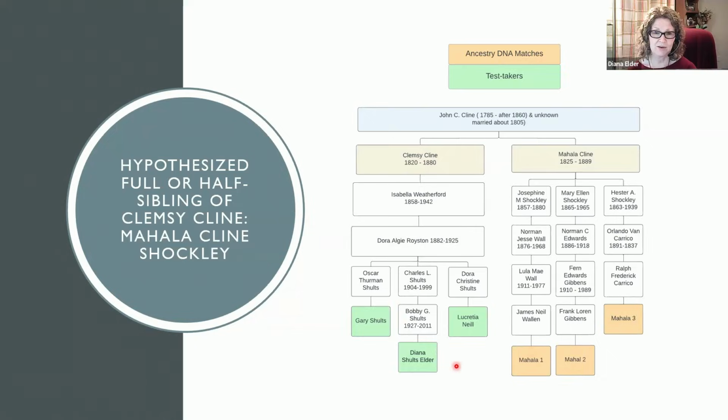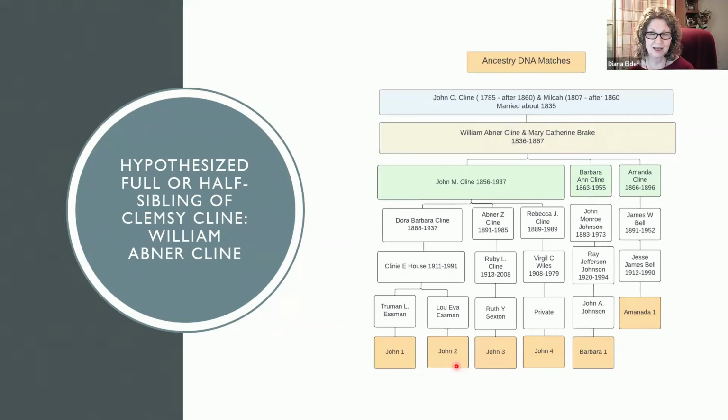And I also found genetic connections between another hypothesized, this would be a half brother through John Cline's second wife, William Abner Cline, and found quite a bit of DNA evidence coming down through William Abner Cline as well. So I was feeling good about this. And then finally, through one other half sibling, Anne Cline, I found even more genetic evidence. So I was feeling pretty good about this.